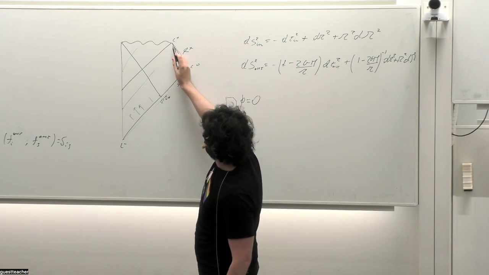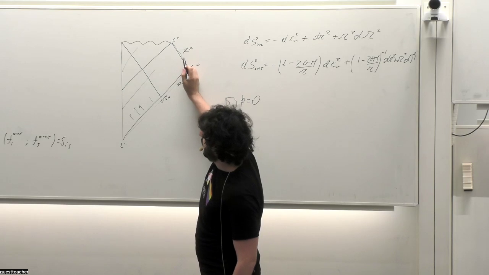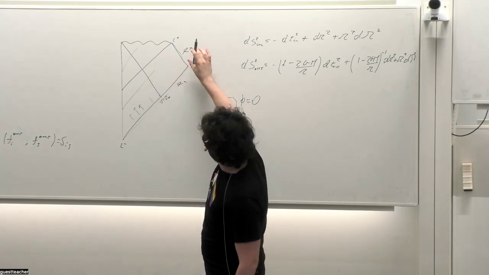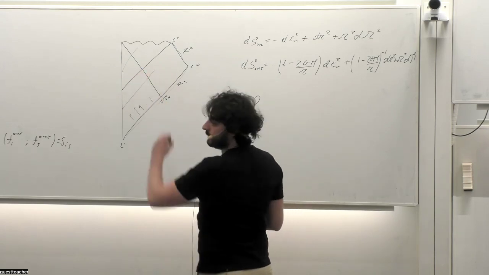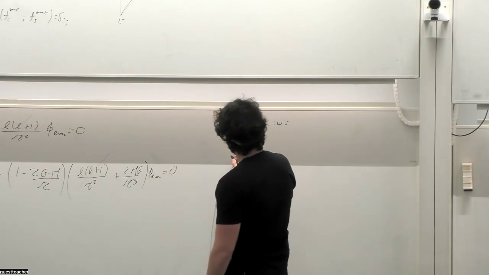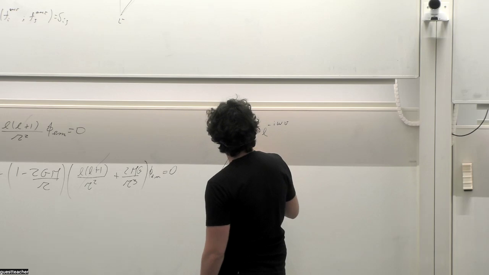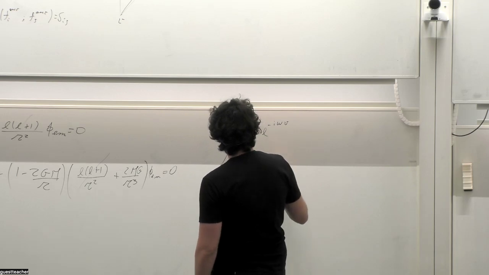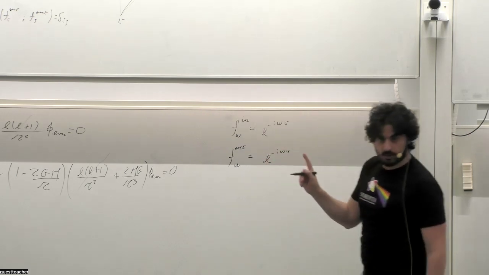But if I only care about what an observer at Scri plus sees, I can forget about them and just focus on Scri plus. But keep in mind that we are losing some information: all the modes that go into the horizon. So the out modes, f omega out, are just equal to e to the minus i omega u, the coordinate of Scri plus.